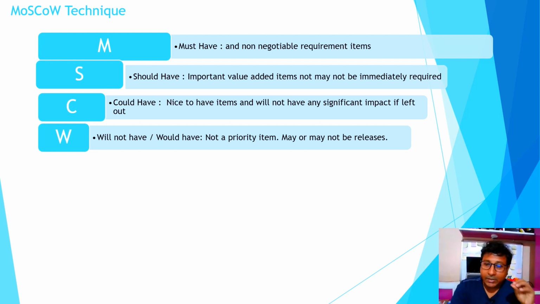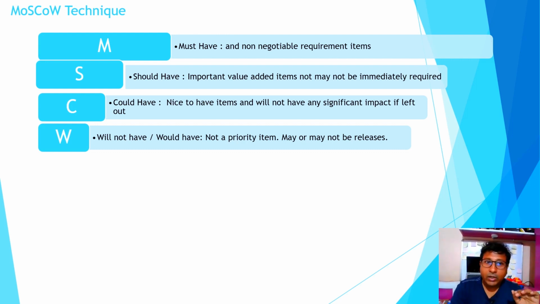But having said that, you cannot launch this product in its entirety without these features. Because these are should-have features, and without them the overall product cannot be launched, but they can be prioritized after the must-have features.